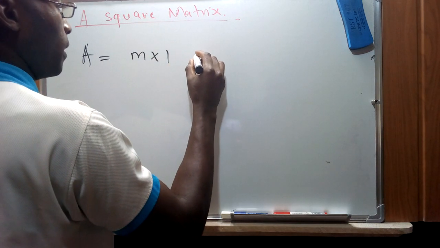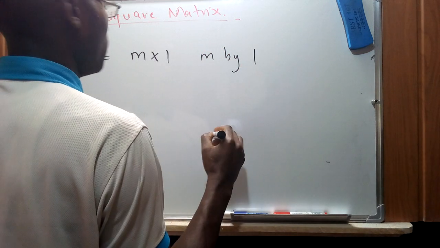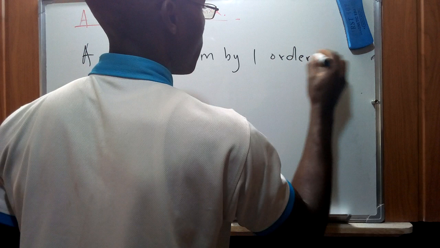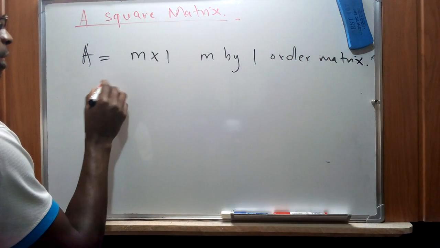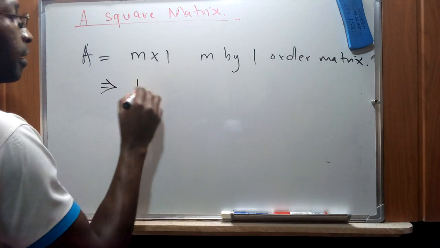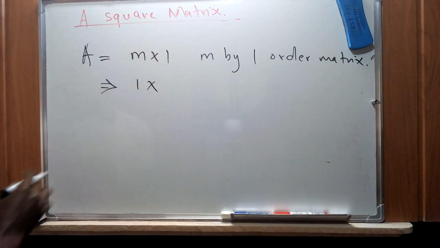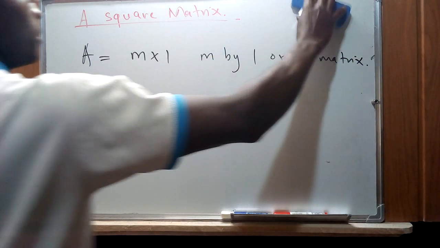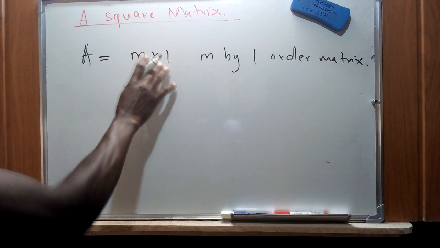Therefore, this is an m by 1 order matrix. And suppose it is just a single row, just to give a demonstration, we say that these are the number of rows, and this is the number of columns.